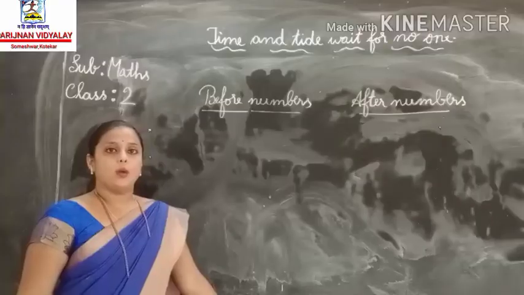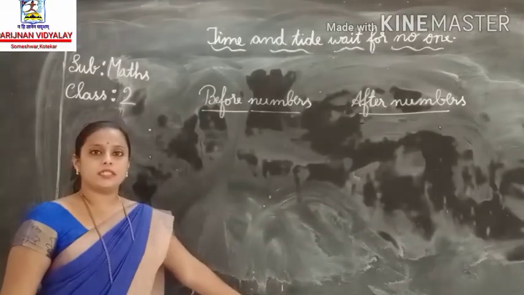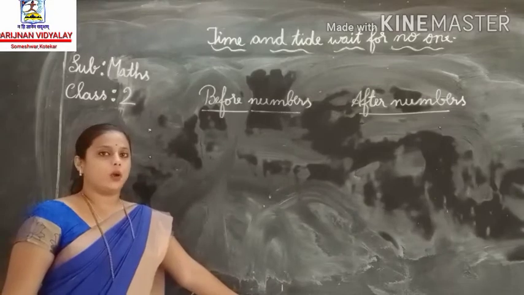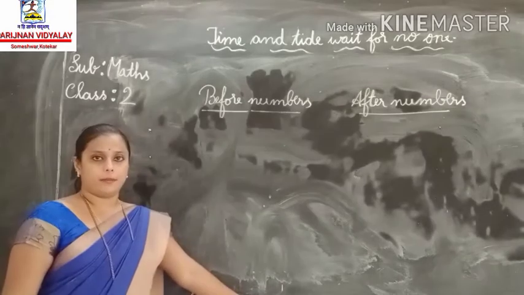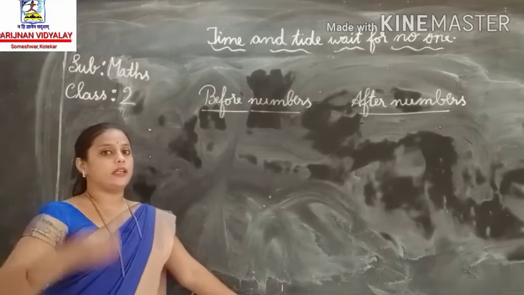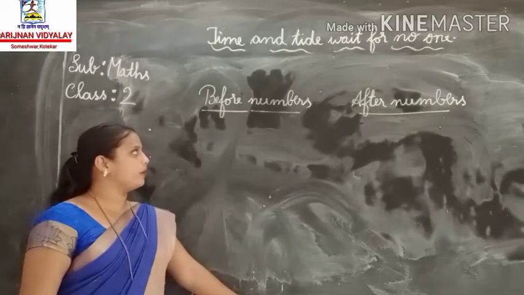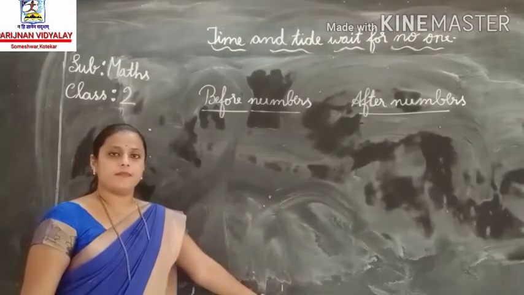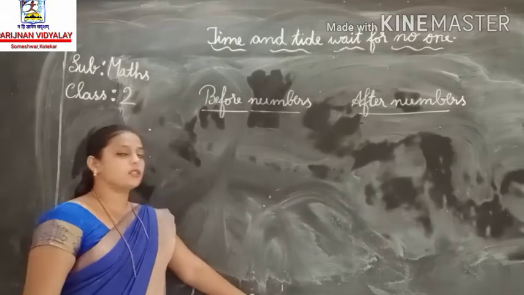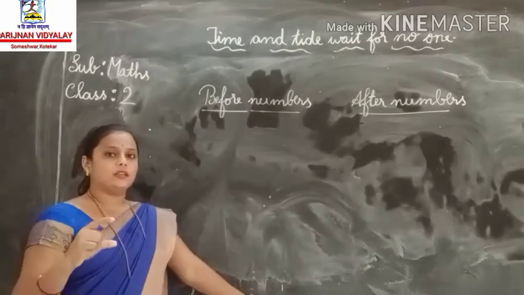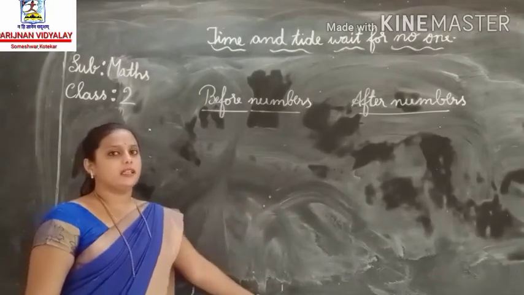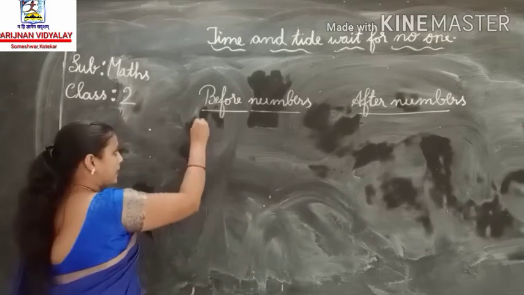Right? What is before numbers? Backward counting from the given number or reverse counting from the given number is called before numbers. And before numbers are always smaller than the previous number. Okay, let us see some examples.